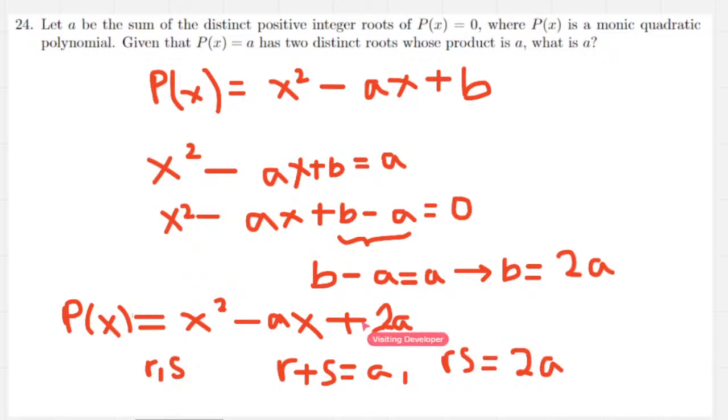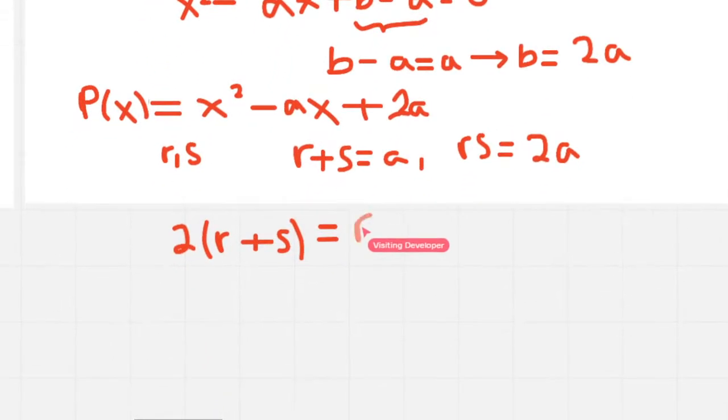And this again comes from the Vieta's relations that we have from this quadratic. And so we want to solve for a, but we also want to use the fact that r and s are positive integers. So one way we can do this is we can see that we have this relationship as 2a is equal to rs, and it's also equal to 2 times r plus s.